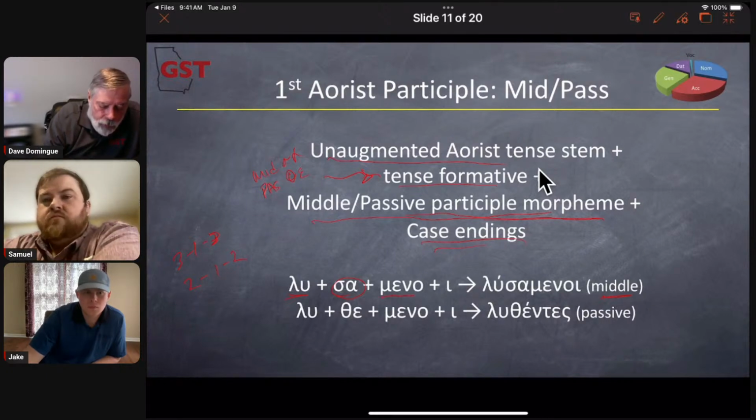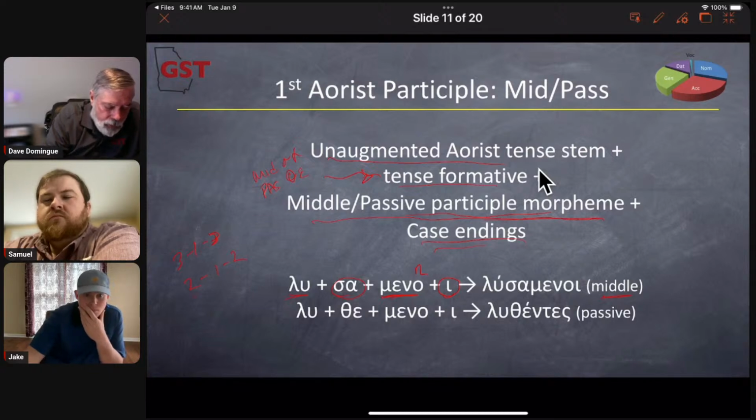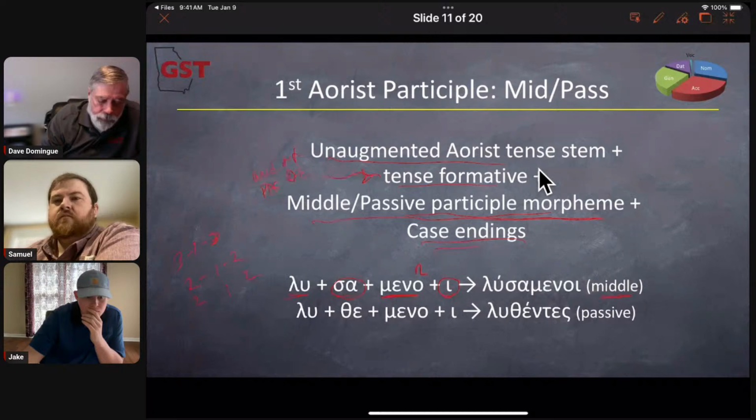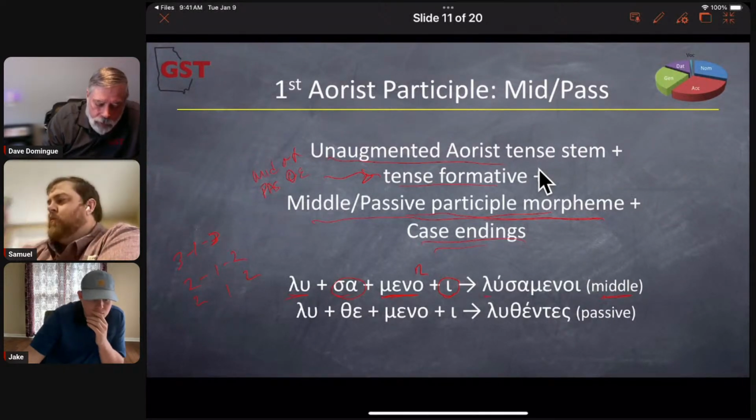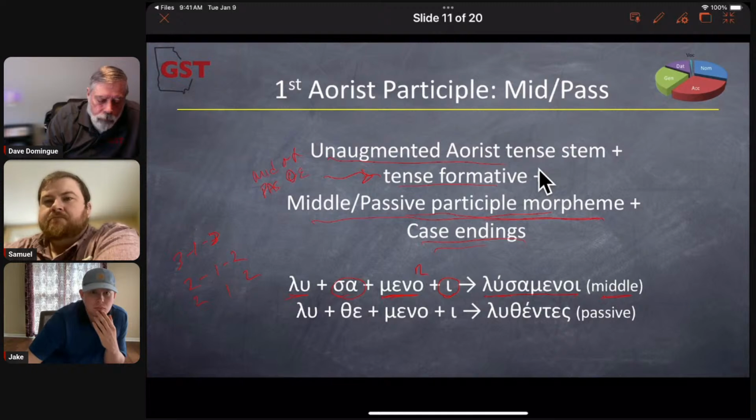Now we have our participle morpheme, meno. If it's feminine, it'd be mene. And then we add our case endings. In this case, the case endings are second declension for the masculine and second declension for the neuter and first declension for the feminine. And so we get lusamenoi for the middle.